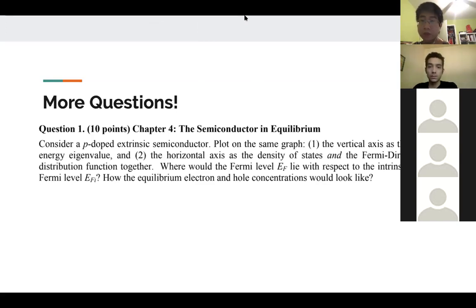If you have any questions about the terminology in this question, feel free to ask. When I was solving it, I had to look up what energy eigenvalue meant. It's basically energy. I don't know why he added the word eigenvalue there.